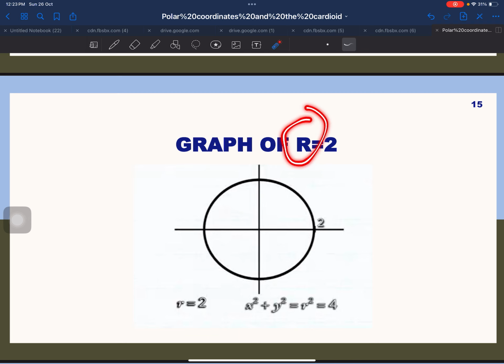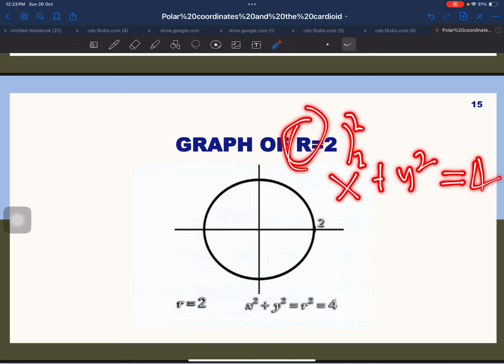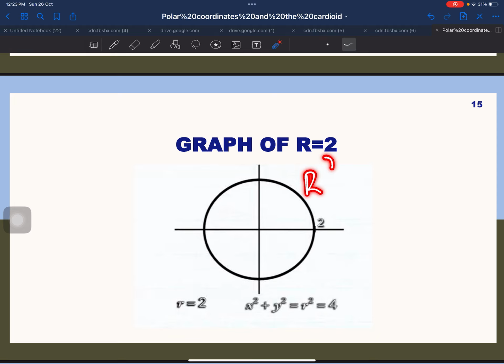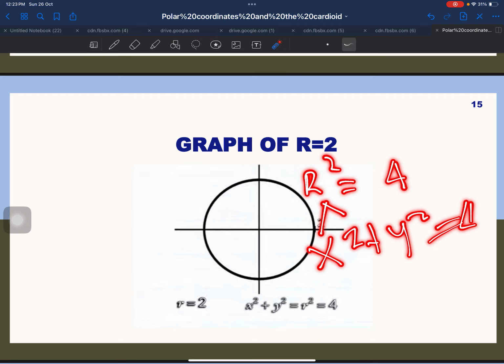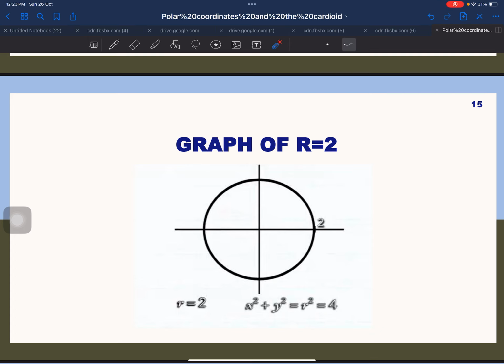Remember r squared is x squared plus y squared, which is equal to 4 when you square both sides. So it's a circle. And polar coordinates are really good for describing circles with centers at the origin.